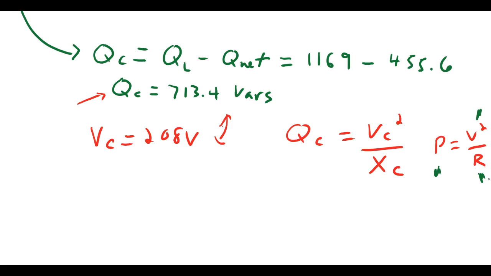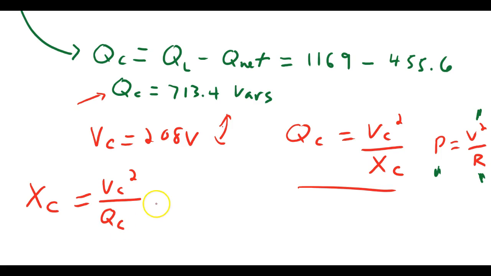And so using this equation, we rearrange to say that the capacitive reactance is equal to VC squared, which we know, divided by QC, which we have calculated.